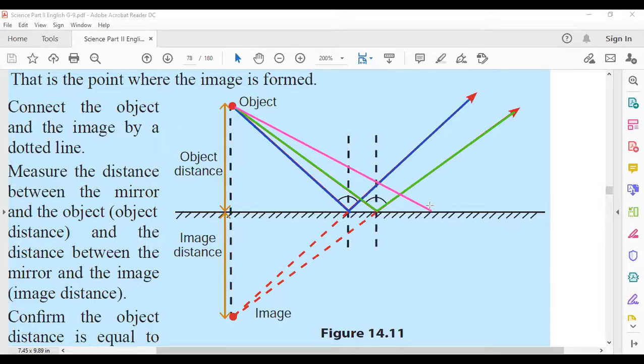Draw the normal, measure the angle of incidence, draw the reflected line. I have drawn the incident ray only. You are going to draw the normal line.